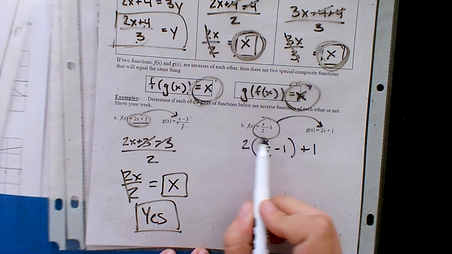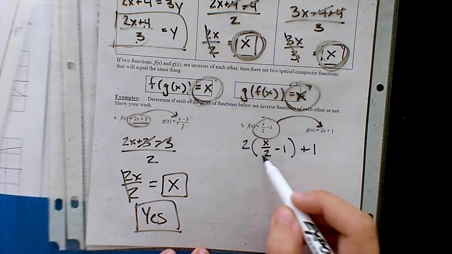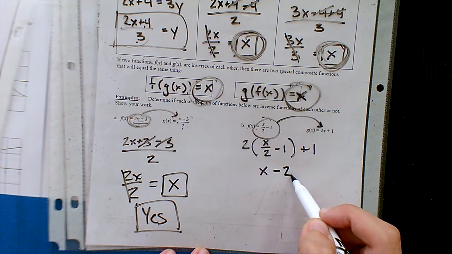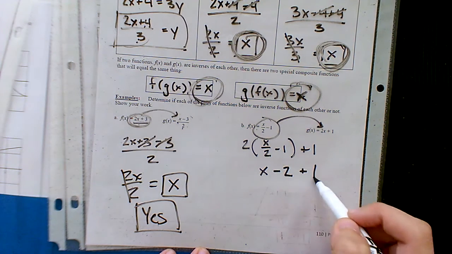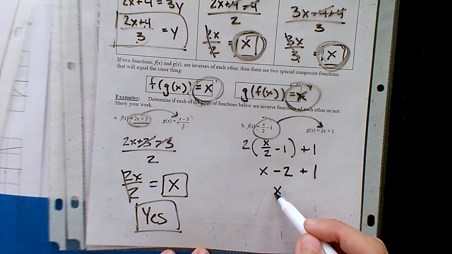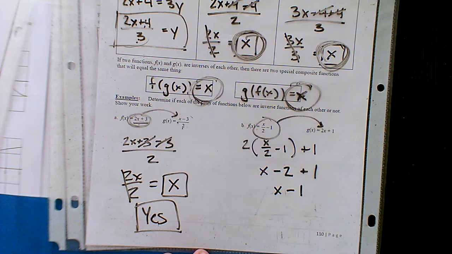So let's simplify it. If we distribute in the 2, we will have x minus 2, but we still have the plus 1 on the end. So it looks like if we go further, we'll have x minus 1.